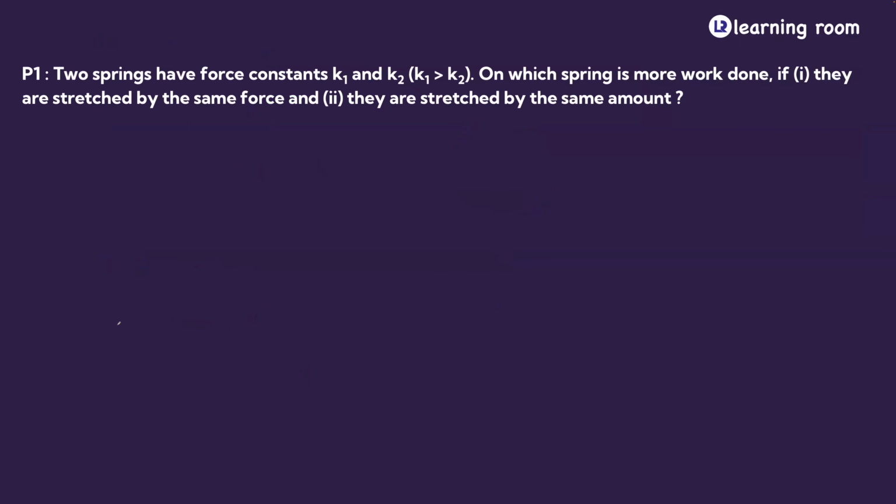The first problem is: two springs have force constants. Spring constant is also called force constant. They are K1 and K2, where K1 is greater than K2. On which spring is more work done if they are stretched by the same force?